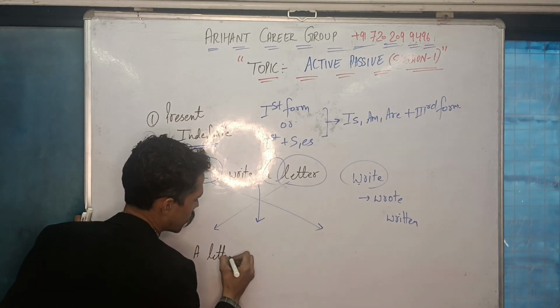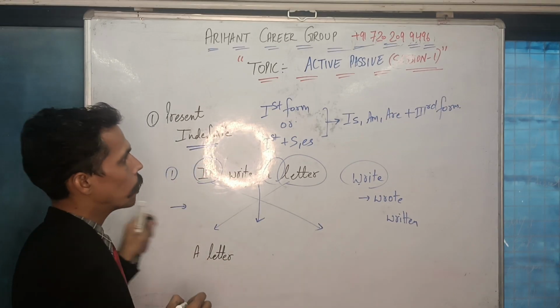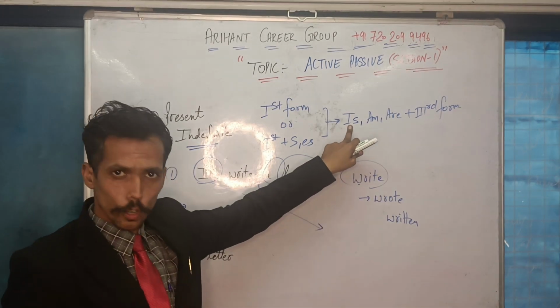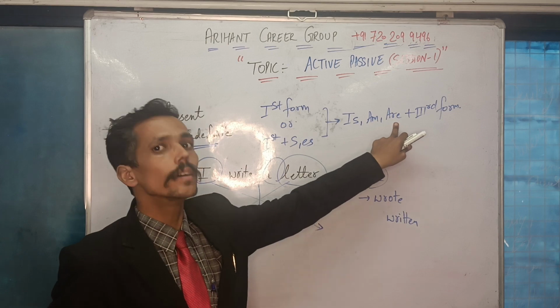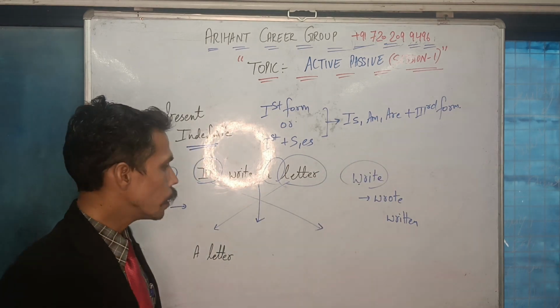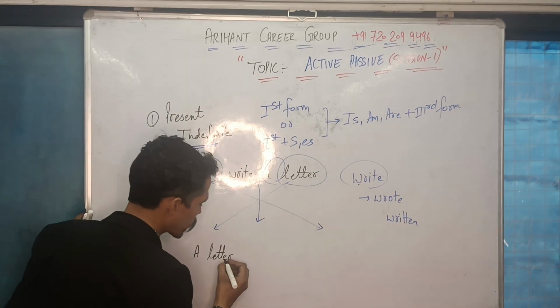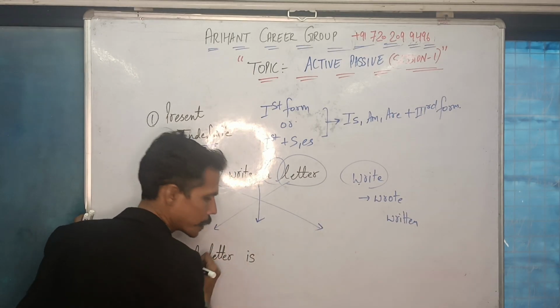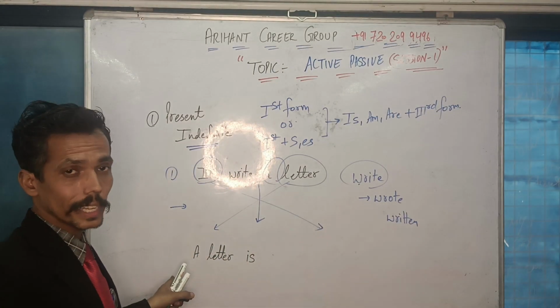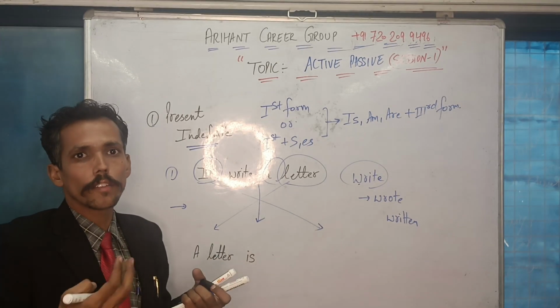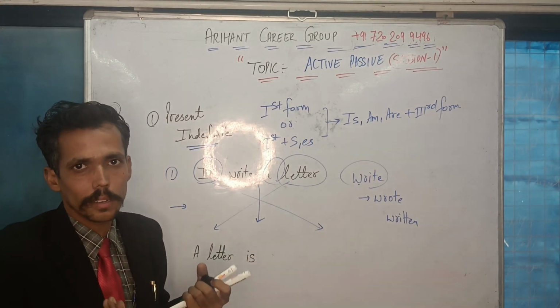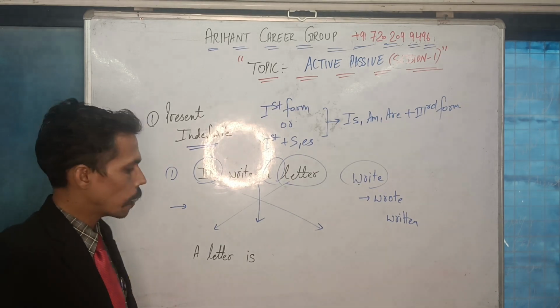If it is singular, then I am supposed to use is, because is is for singular, am is to be used with I, and are is to be used with plural. So here I shall write a sentence like this: A letter is. Is, because this is singular, and the article a or an themselves describe that it is singular.